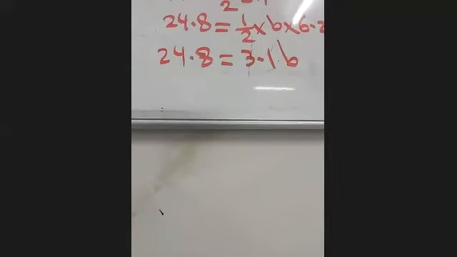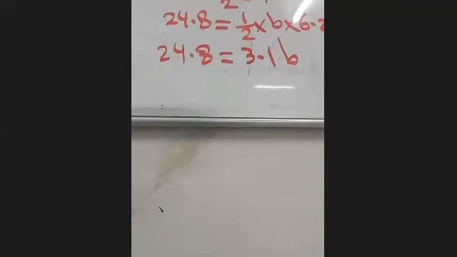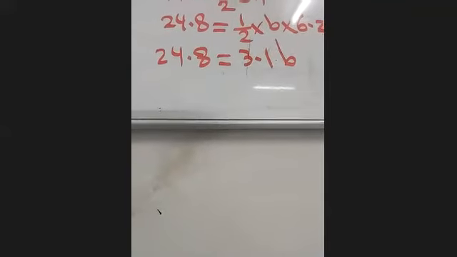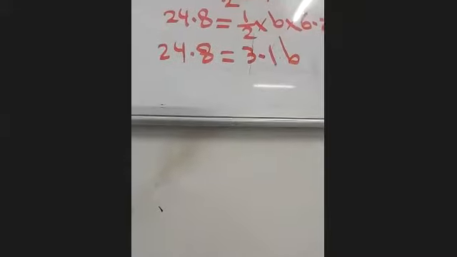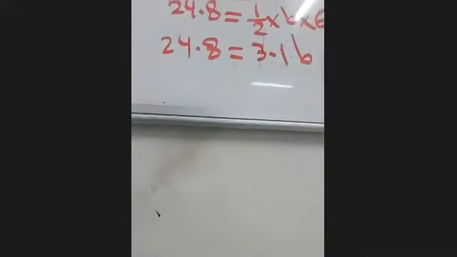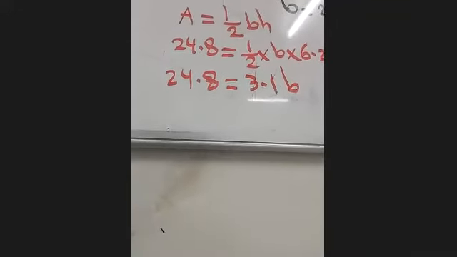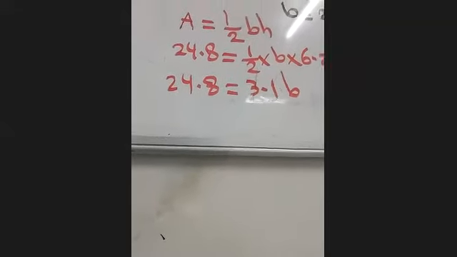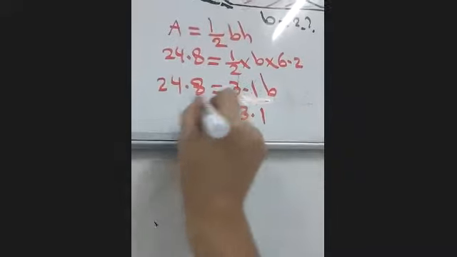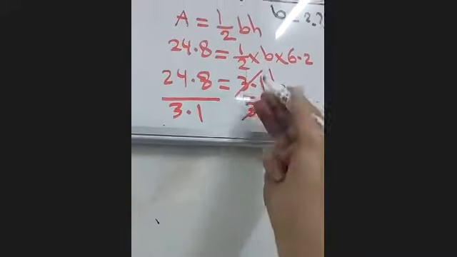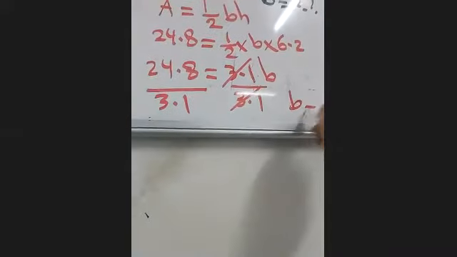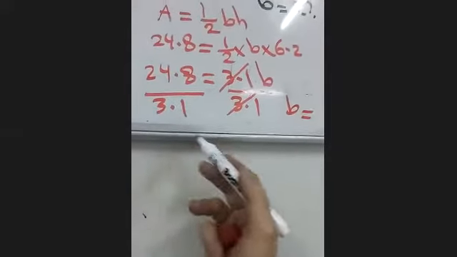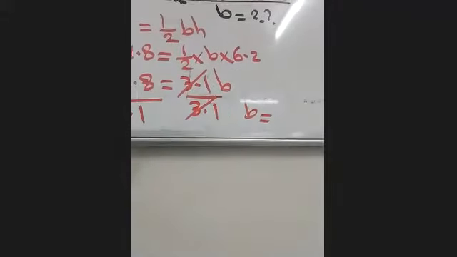Say it: we will divide by 3.1 on both sides. So here they are gone. Now what will the base be? 24.8 divided by 3.1. What should the answer be? Do the division. It will be 8.